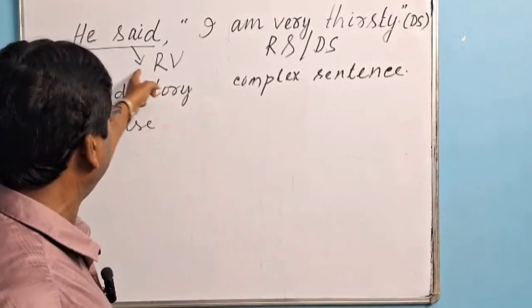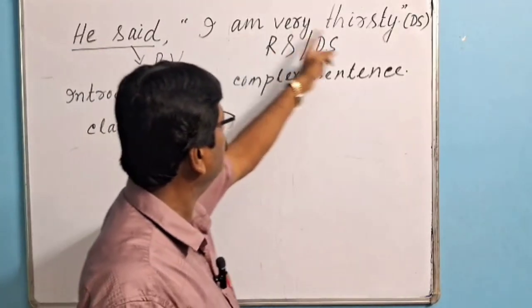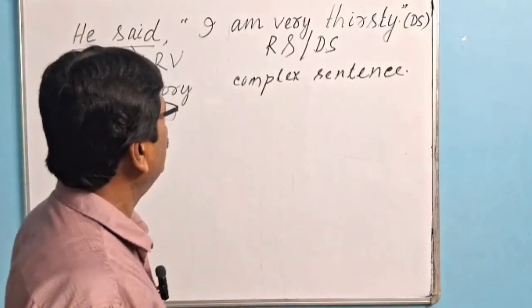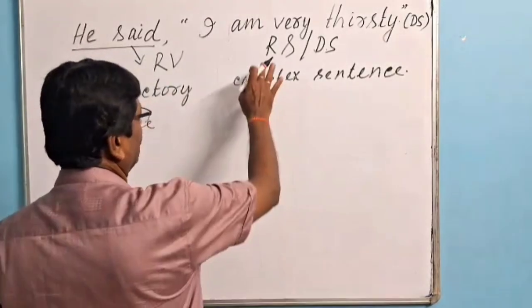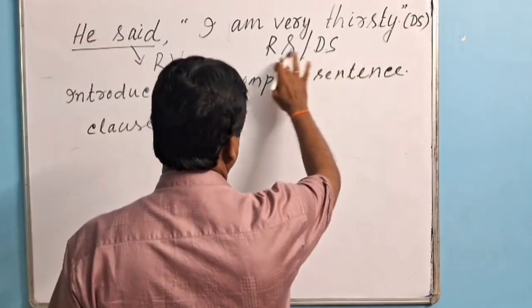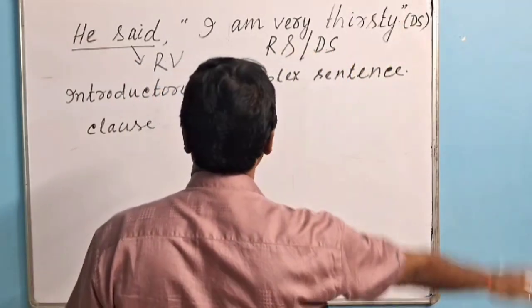And the sentence within quotation mark or inverted comma is called RS or DS, reported speech or direct speech.